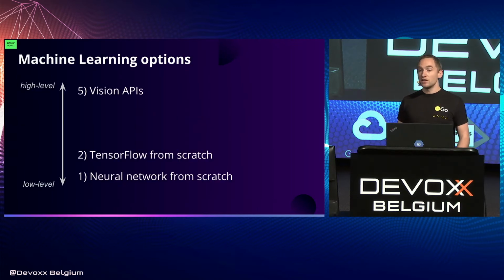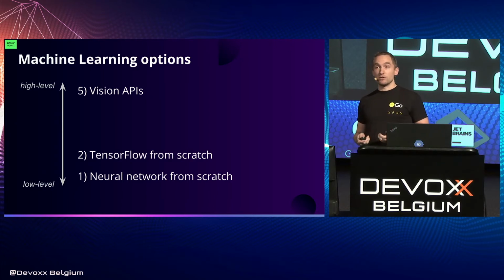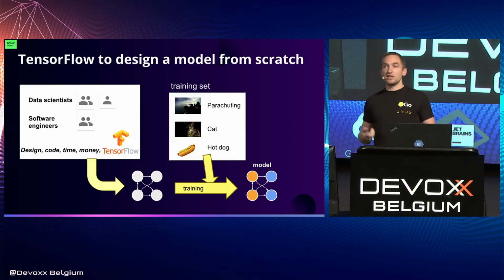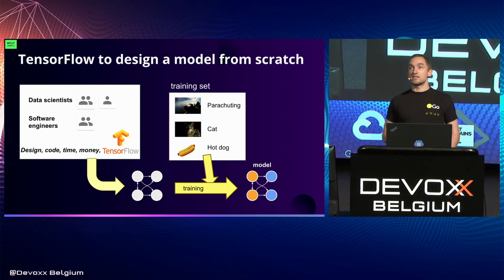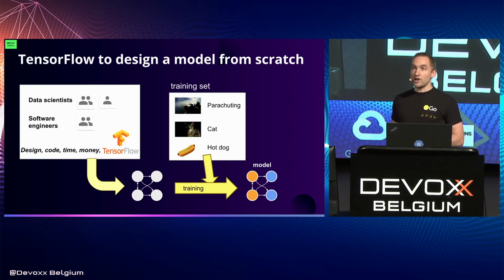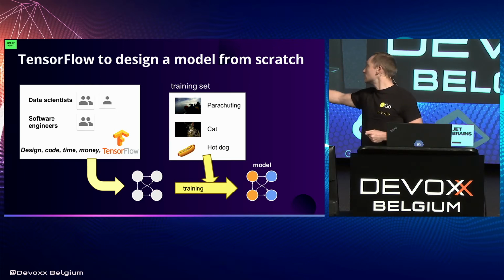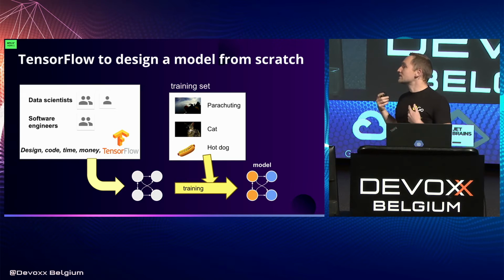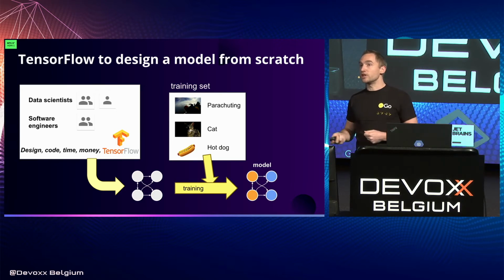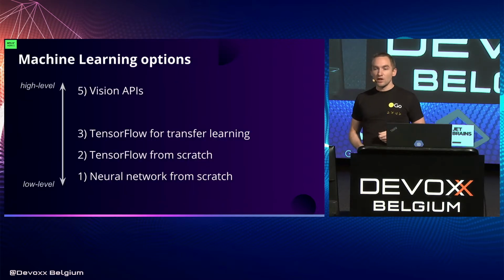Or I can use TensorFlow to build a neural network, and I still need quite a few data scientists and software engineers, a little bit less, and TensorFlow, and a training set, obviously, because the model graph is not enough. I always need an input data set to be able to build a model, a classifier.